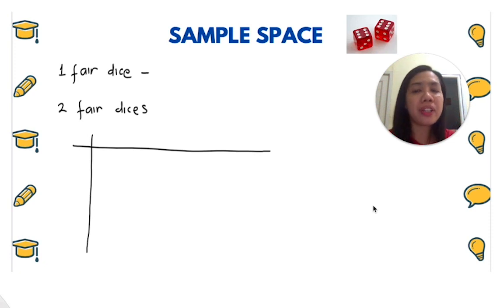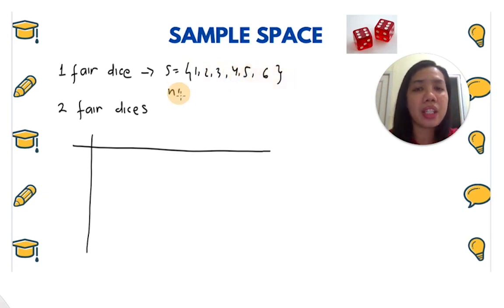So when we are throwing one dice, there will be 6 possible outcomes, and the sample space is 1, 2, 3, 4, 5, and 6. So n(S), the number of sample space of one dice, is 6, because for one throw we have 6 possible outcomes.